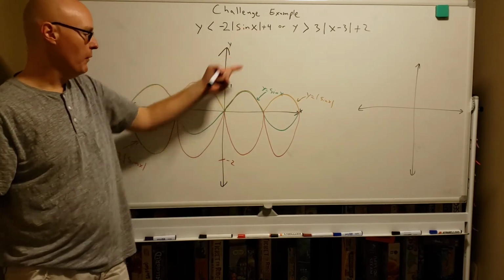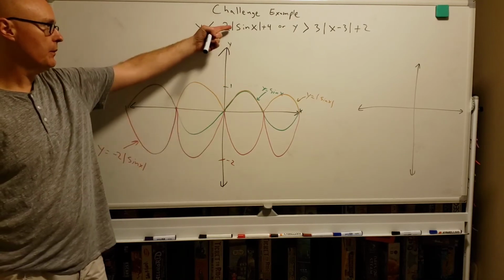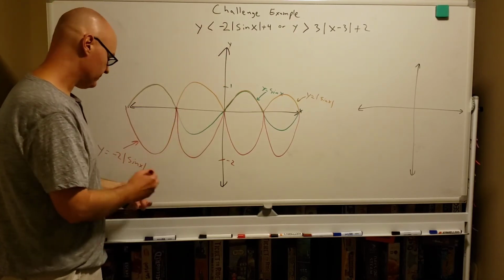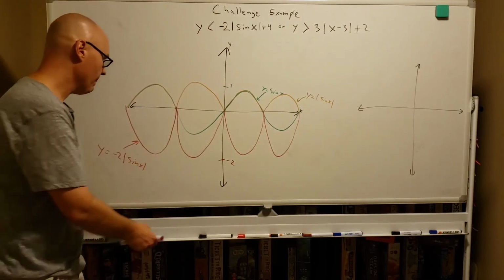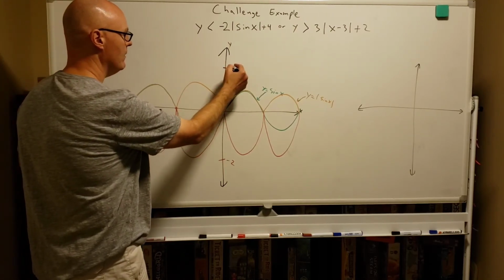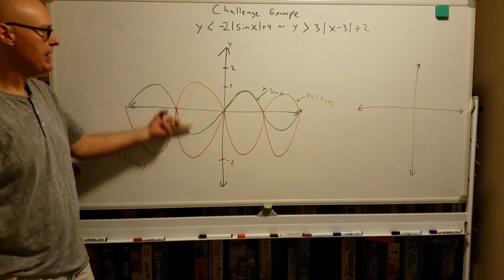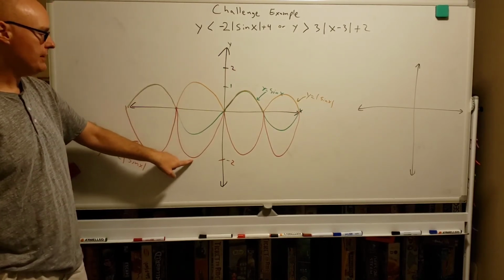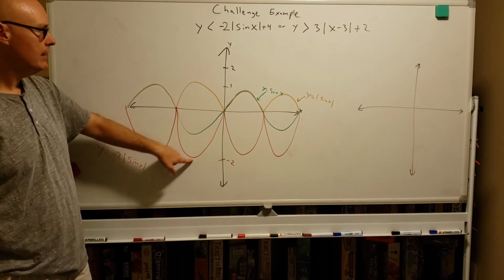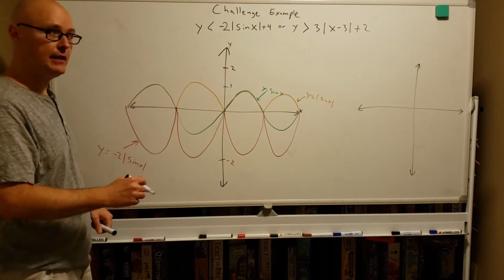I'm going to add 4 to every value. So -2 plus 4 gets me to +2. So this shape is going to shift such that this minimum point is going to line up with the 2. So let me attempt to draw that.